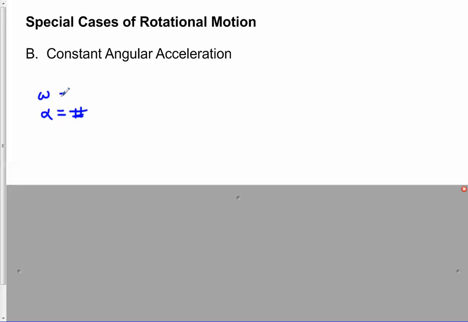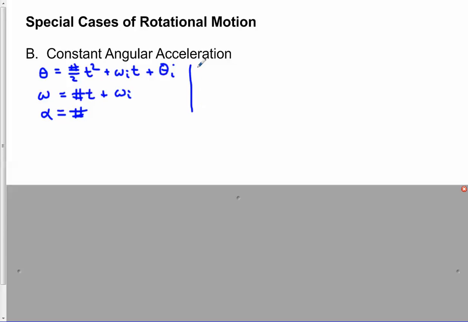The angular velocity then will be that number times t plus whatever the initial was. And then position is going to be that number divided by 2, t squared, plus initial velocity times t plus initial position. Remember, the initial position often will be 0 because we'll choose it to be that. But we can't choose the initial velocity to be 0. All right.